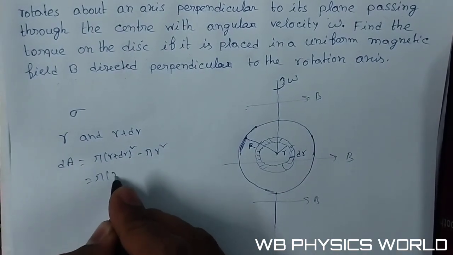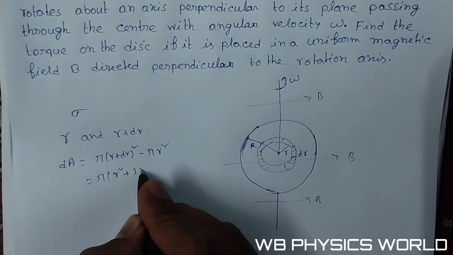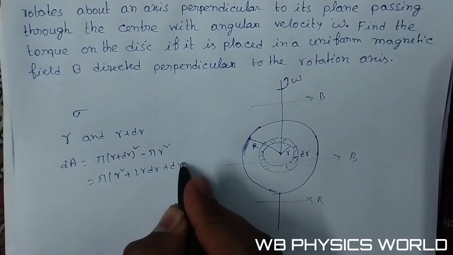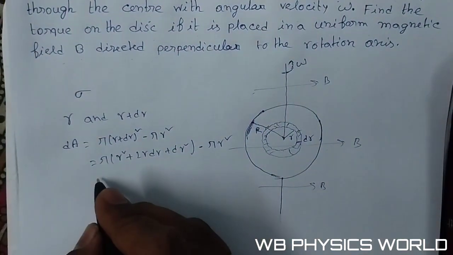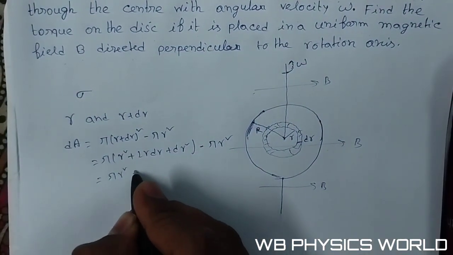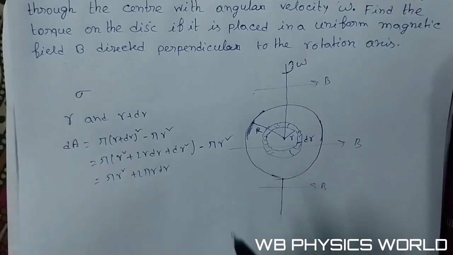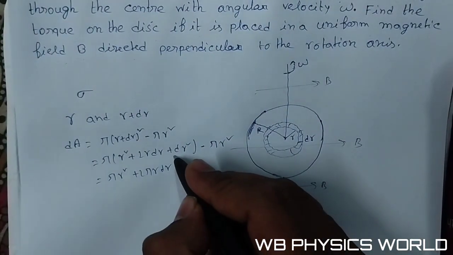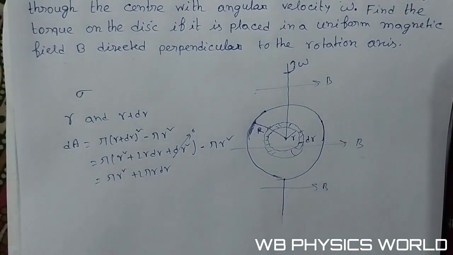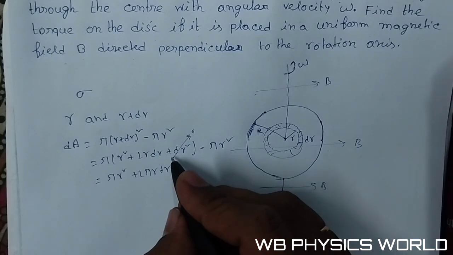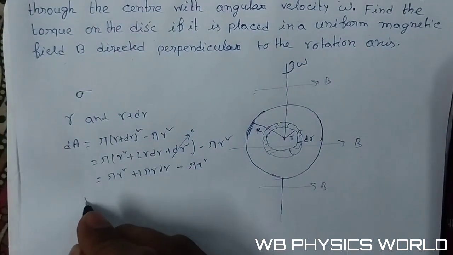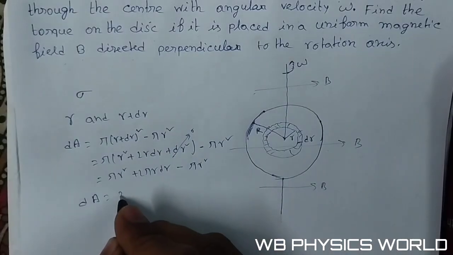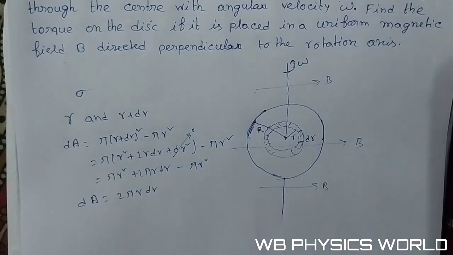So pi into r square plus 2r dr plus dr square, minus pi r square. Here pi r square plus 2 pi r dr. Since dr is small, its square is also small, so it tends to 0. So with the minus pi r square, dA is 2 pi r dr.